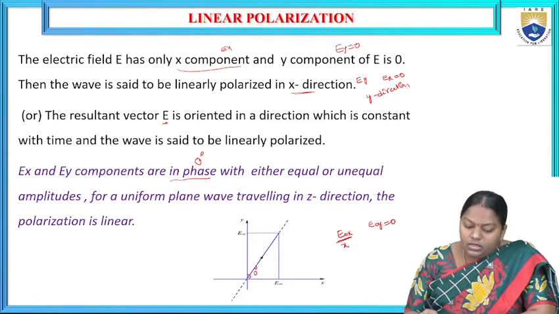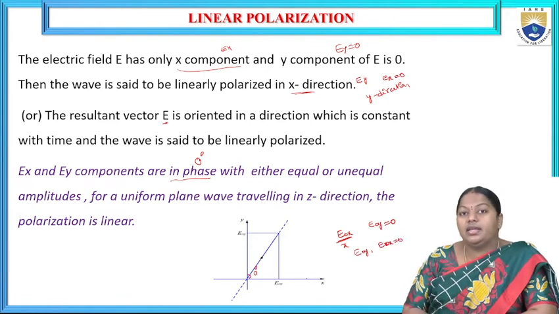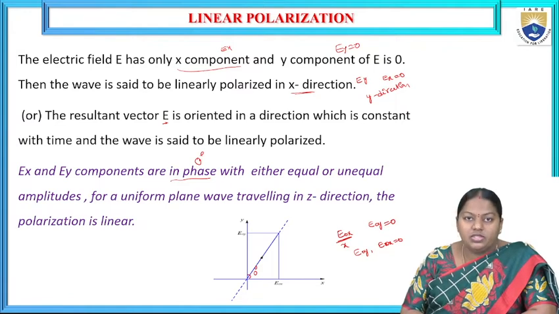And if the electric field E has a Y component, E0y, and the X component is equal to 0, E0x equal to 0, then the wave is said to be linearly polarized in the Y direction.